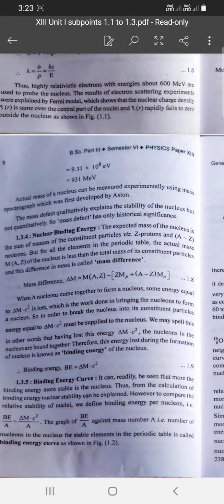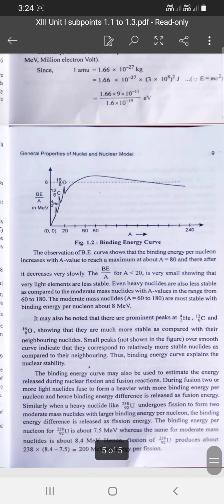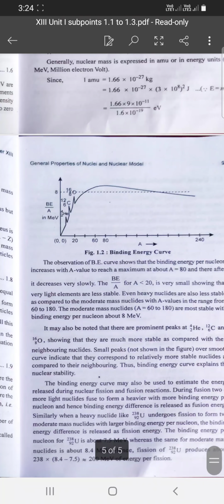To compare the relative stability of the nuclei, we define binding energy per nucleon, B upon A, where B is binding energy and A is the mass number: delta mc square upon A. The graph of this B upon A against the mass number A, that is the number of nucleons in the nucleus for stable elements in the periodic table, is called the binding energy curve. Binding energy curve, that is figure number 1.2.